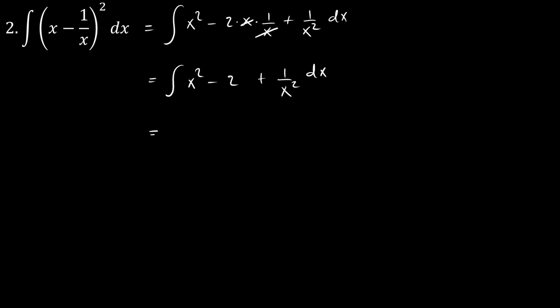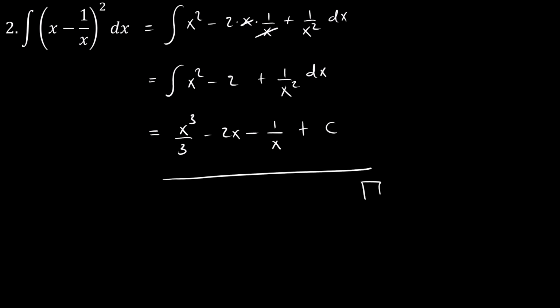This is the same as x cubed over 3 minus 2x minus 1 over x plus the integration constant c. And that is our answer. So we're going forward to problem number 3.